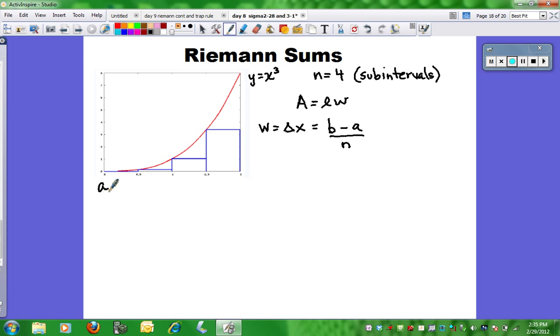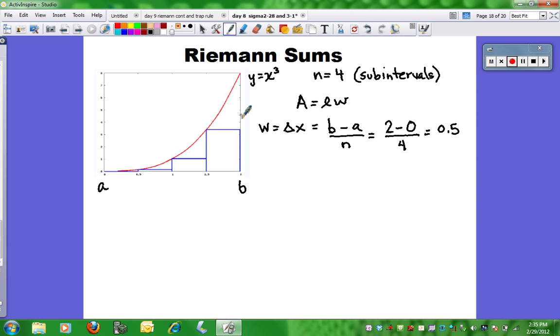This is the start, a, and this is the end, b, of the interval that we are finding the area under the curve. In this case, a is 0 and b is 2. So our b minus a is 2 minus 0, over our number of subintervals, which we know is 4. So in this particular case, our delta x, our width, is 0.5, 0.5 for each one of these widths.